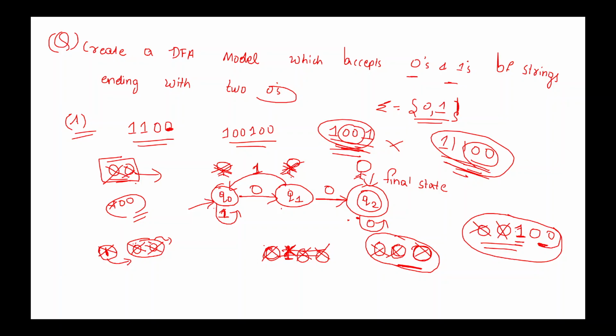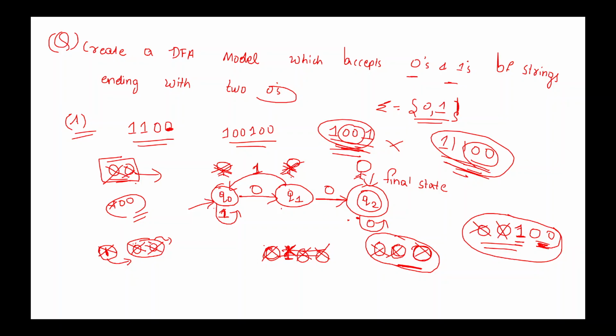So q2 on 1 should be transitioned in such a way that after it, when we get two zeros, we end up at the final state. So to which state should I transition to solve this problem? It still requires two zeros to end up at the final state.